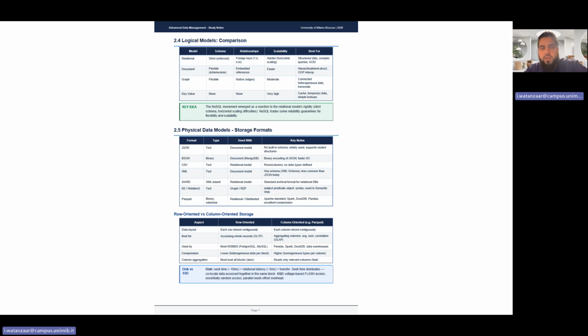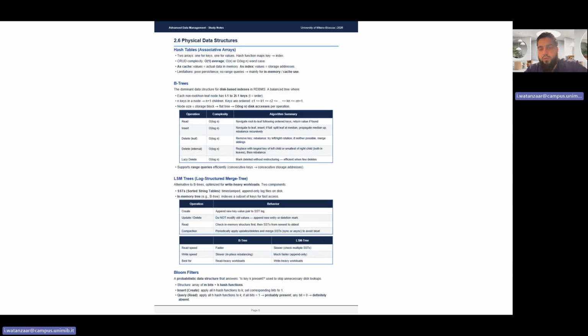Then in the physical models, we discussed storage formats, row oriented versus column oriented, and at the end we discussed four types of data structures: hash tables, B trees, LSM trees, and Bloom filter. Bloom filter is nothing but addressing the gap between the LSM and the B trees.